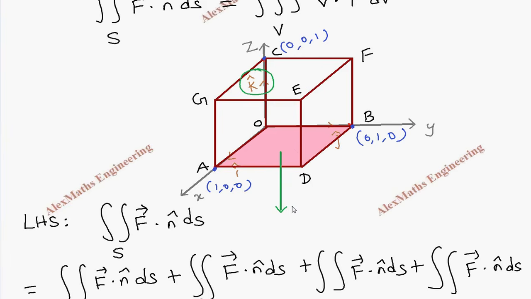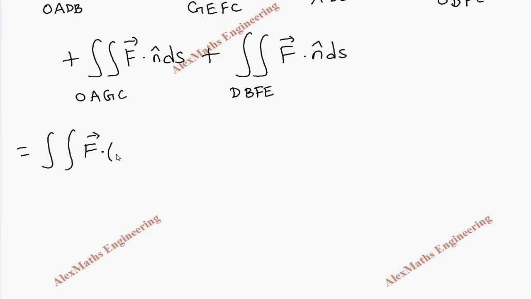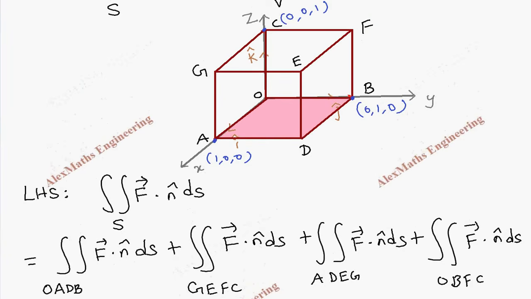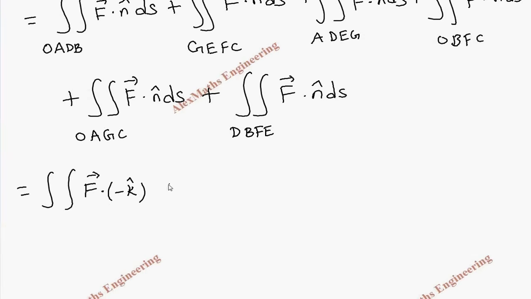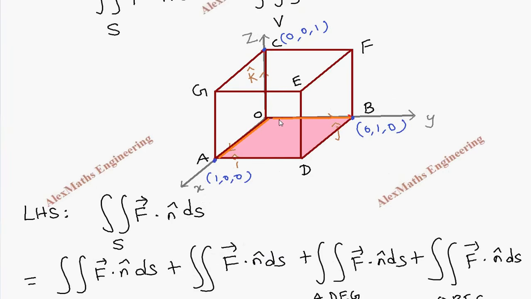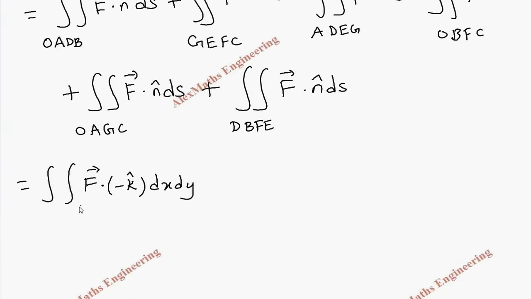So this n cap value here is minus k cap, and this dS is nothing but, if we see this surface, it has x value and y value, so it is dx into dy. In the same way we have to write for other things. Limit of x is from 0 to 1, y is also from 0 to 1.